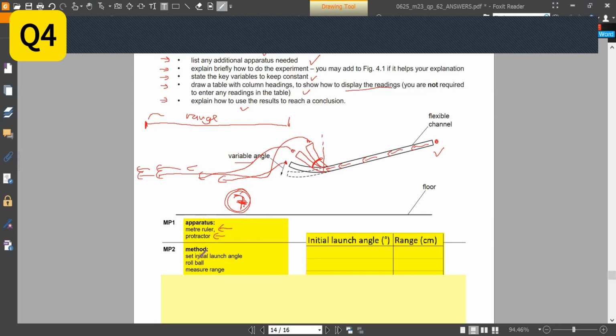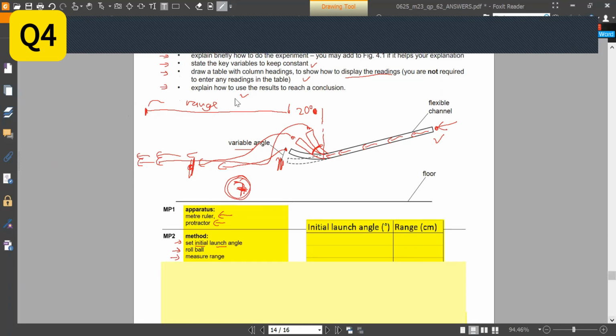So the steps are straightforward. Set the initial launch angle. First we adjust which angle we want. Let's say we want it at 20 degrees. So we set the angle. We put the ball inside the channel, let it go. And then after it falls down, let's say it stops here. Then we will measure the range. So these are the 3 main steps.